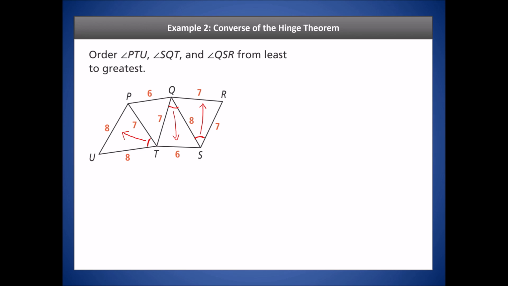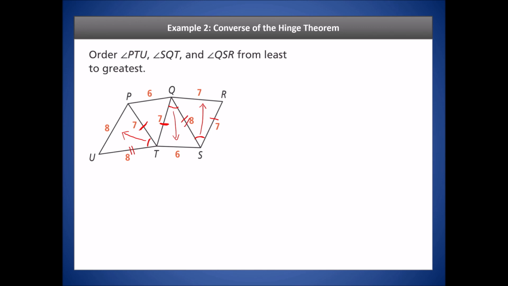But before we compare that, we need to make sure that we do have two congruent pairs. So this side is congruent to this side because they both have a measure of 7, which is congruent to this side. So those are all congruent. That makes sense. And then this is congruent to this side.